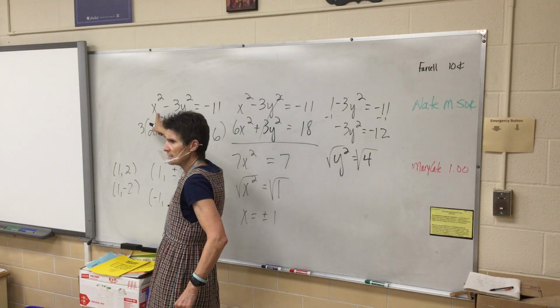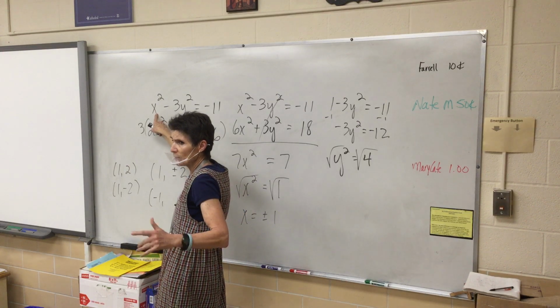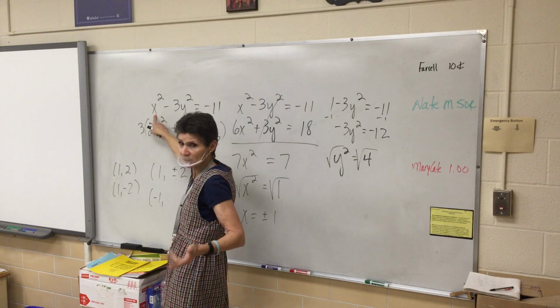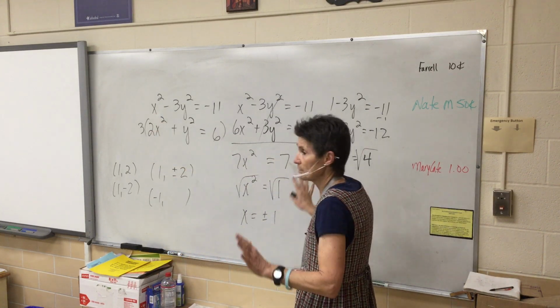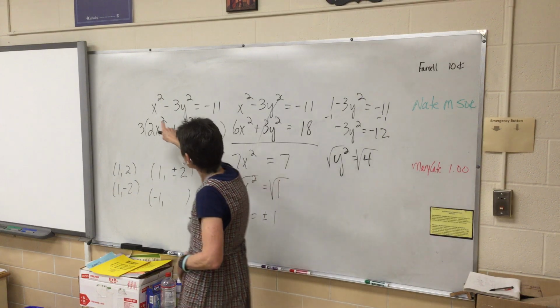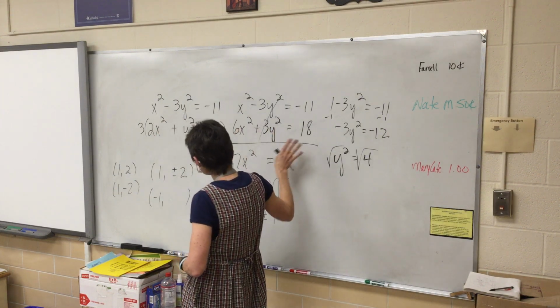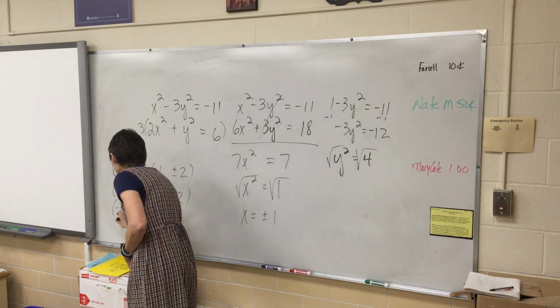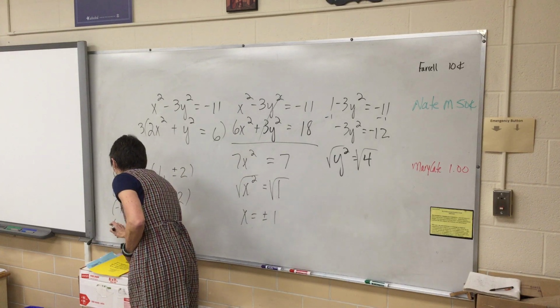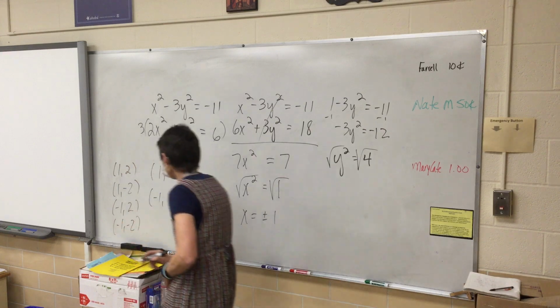It's going to be the same, isn't it? Because when you square 1, you get 1, and when you square negative 1, you get 1. So you can go back through and do all this work again, but you don't need to. If I put in negative 1, the exact same thing's going to happen. So I'm going to actually come up with 4 answers to that problem.